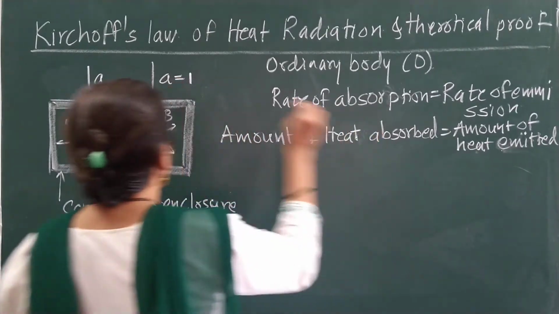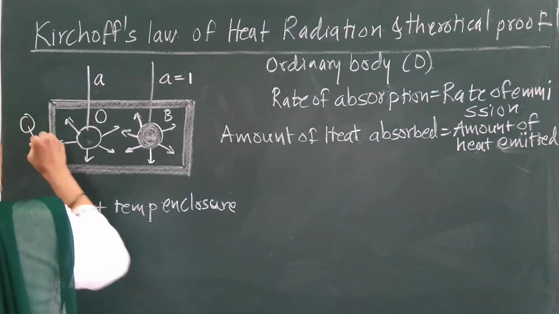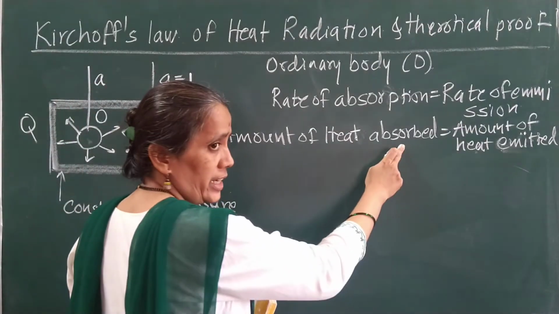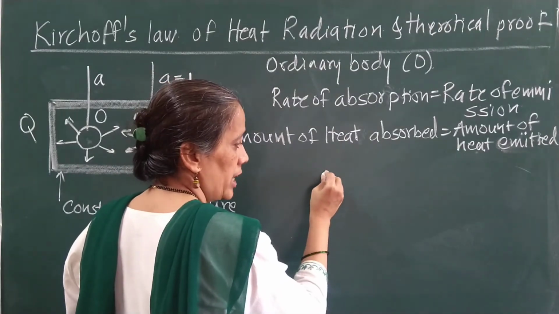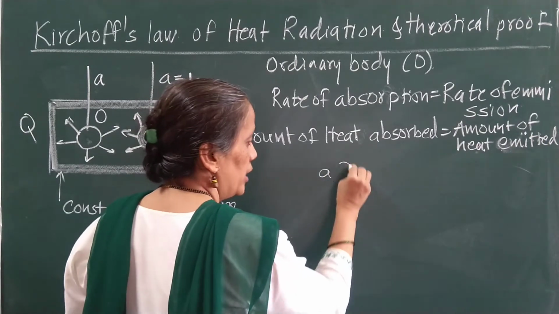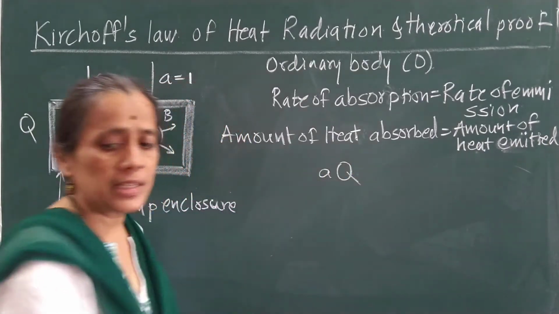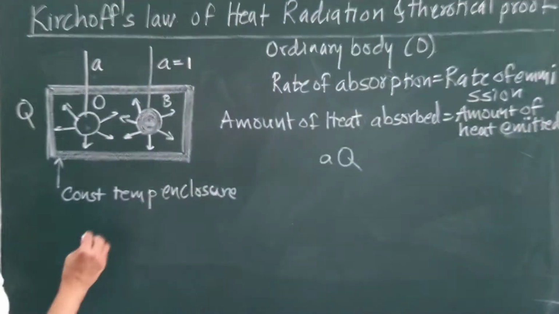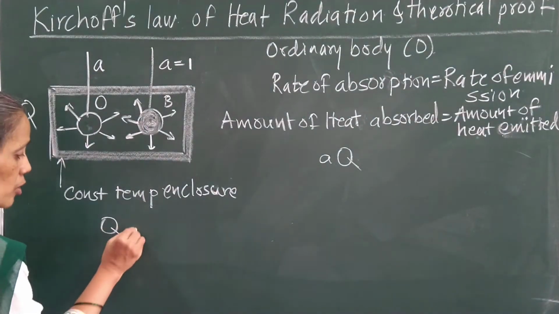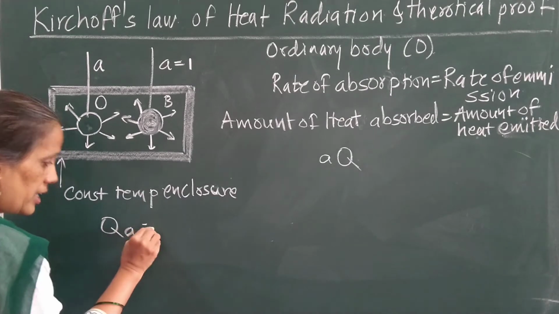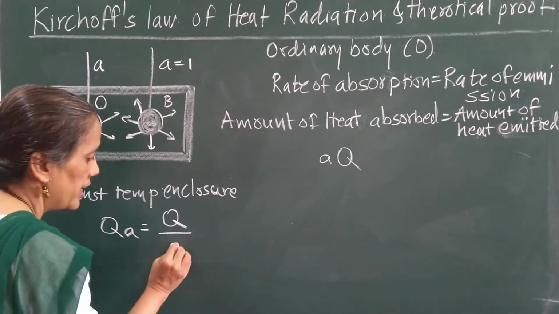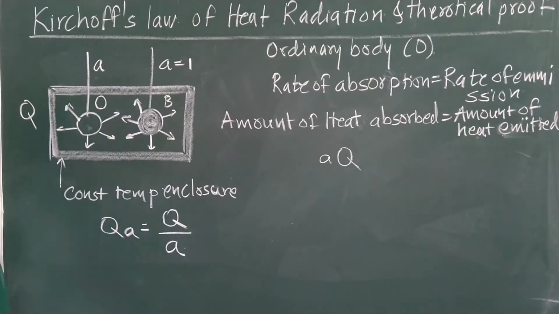Now the amount of heat. How much heat energy? Heat energy is nothing but Q. So the amount of heat absorbed is nothing but A into Q. How am I going to write this? The amount of heat absorbed is equal to the total amount of heat incident multiplied by the coefficient of absorption.